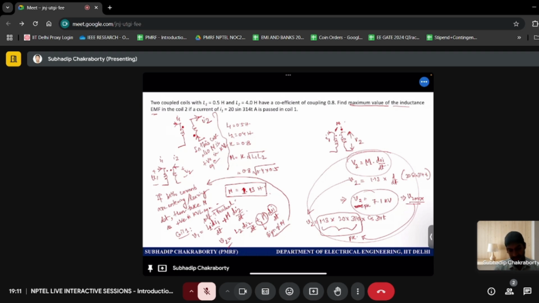So you can just find out the voltage, right? Okay, so if there are no more doubts, I think we can proceed to the next problem.